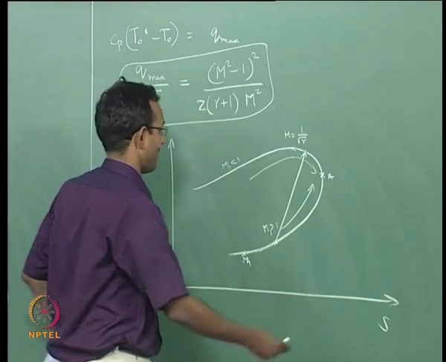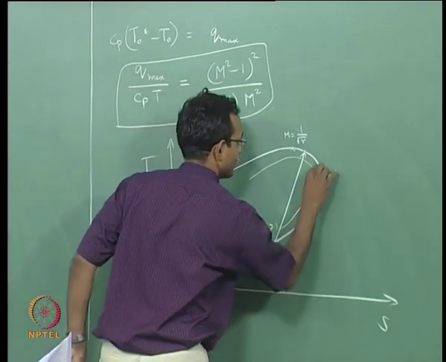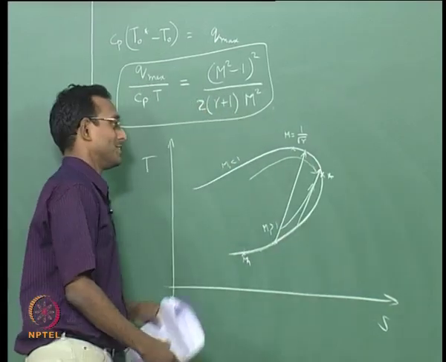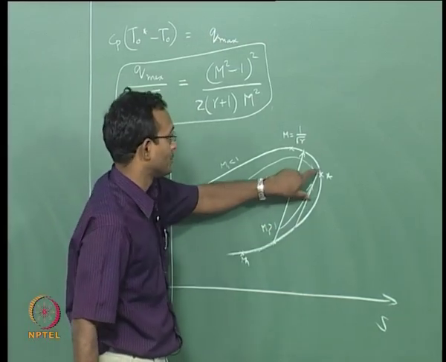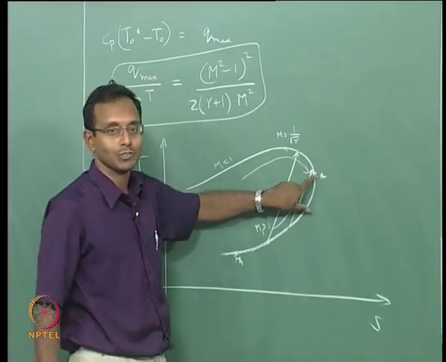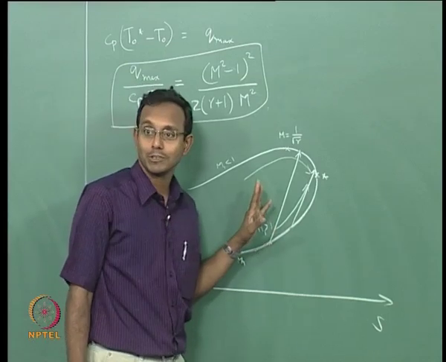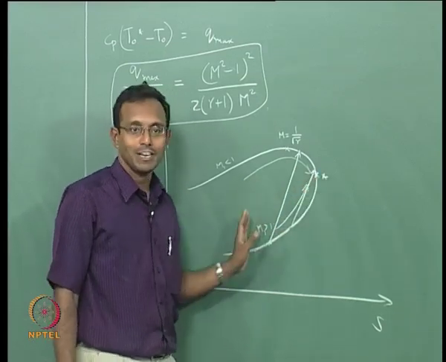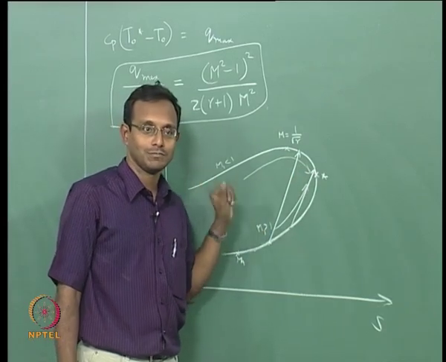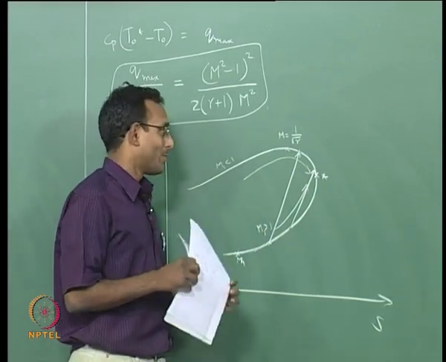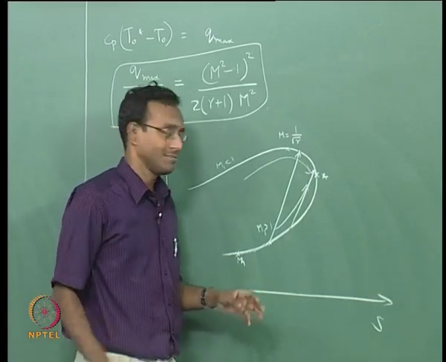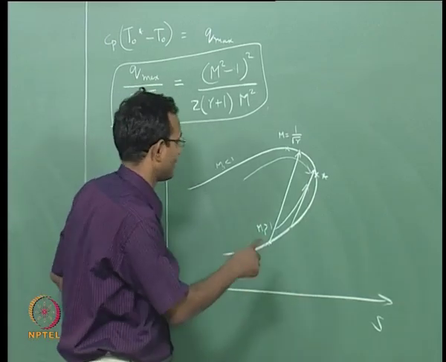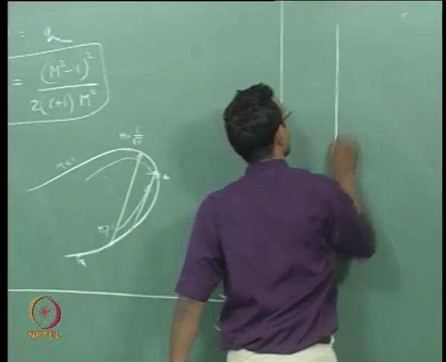I could have another path that will be this, it starts from here and jumps to this point and from there it goes to sonic condition. That might also be a possibility. Depending on whatever P naught is required, it will choose whatever solution it wants. And by the way, if I have partial heating, I do not want to erase this picture, I will draw one more.